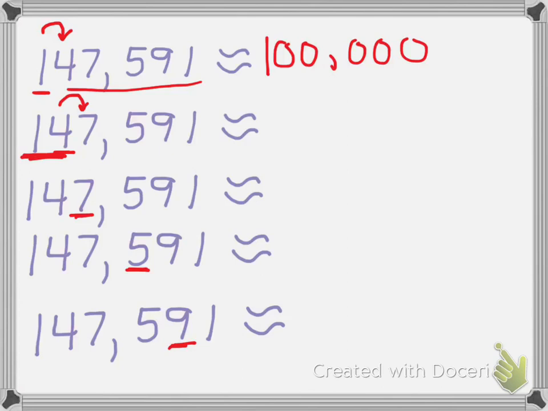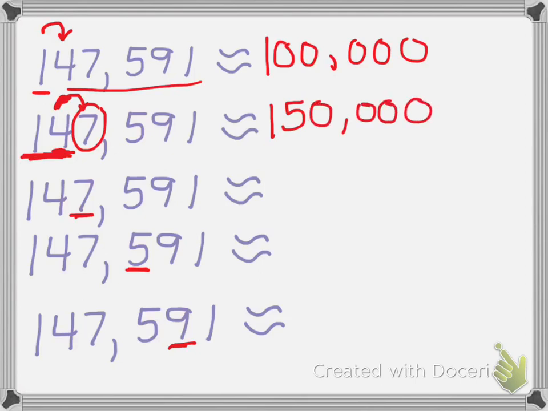So because this 7 is above my midpoint, it's above 145,000, I'm going to give my 10,000s place a shove. If this number to the right is 5 or above, give the digit that I'm rounding a shove. So 14 plus 1 would be 15 ten-thousands, or 150,000.